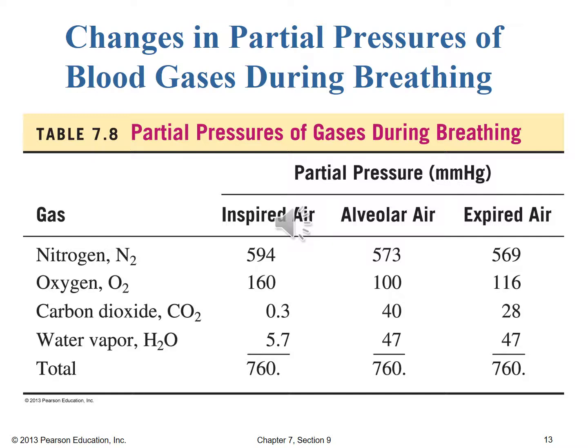For oxygen, the inspired air is again the highest partial pressure of oxygen. The alveolar air is the lowest, and the air we breathe out is actually slightly more enriched than the alveolar air. And it's important that that oxygen is in our expired air, right? We're not perfectly efficient, and it's a good thing, because if we were perfectly efficient and we only breathed in oxygen and only breathed out carbon dioxide, then we couldn't practice cardiopulmonary resuscitation.